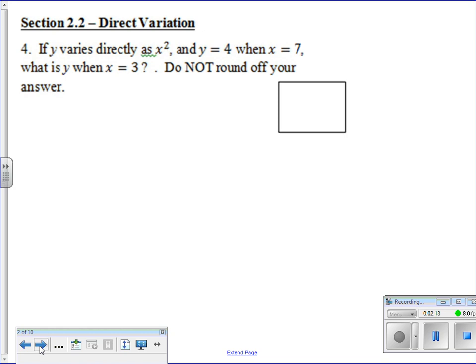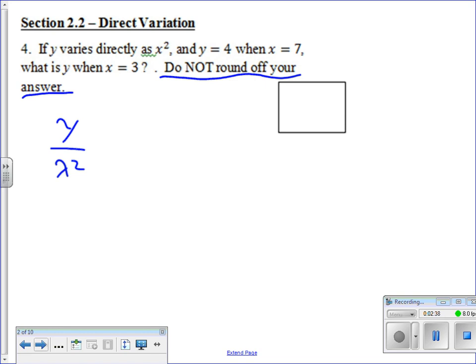If y varies directly as x squared and y equals 4 when x equals 7, what is y when x equals 3? Do not round off. See this right here? Do not round off your answer, which indicates you probably don't want to do decimals. So y varies directly as x squared. It's the first thing you do.